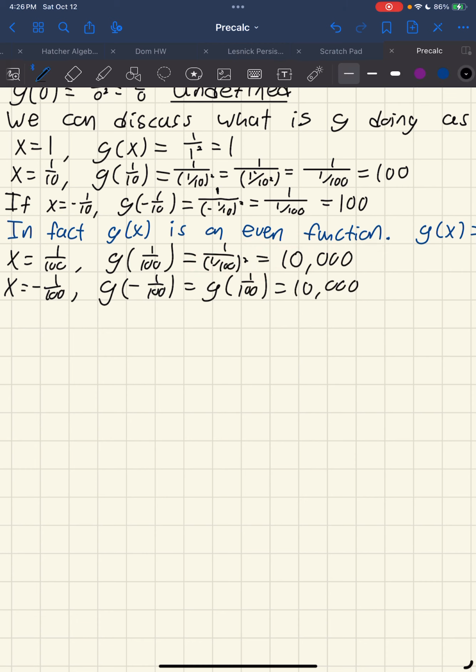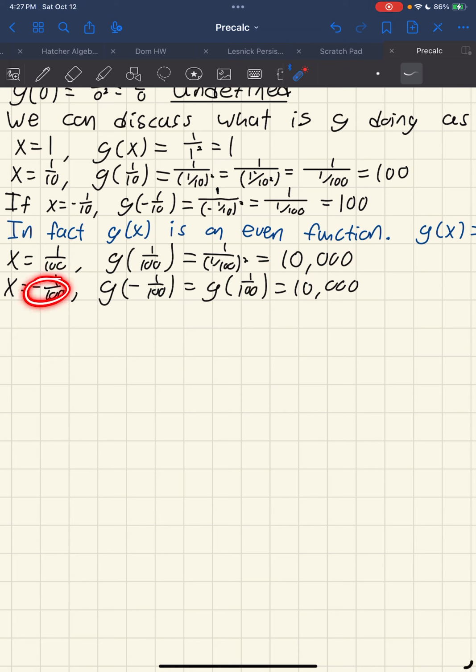So regardless of whether we're talking about positives or negatives, as x gets closer and closer to 0, whether it be smaller from positive numbers or getting less negative, it would appear that these numbers are getting larger and larger. I could do 1 over 1,000, and I would get 1 with 6 zeros behind it. A million.